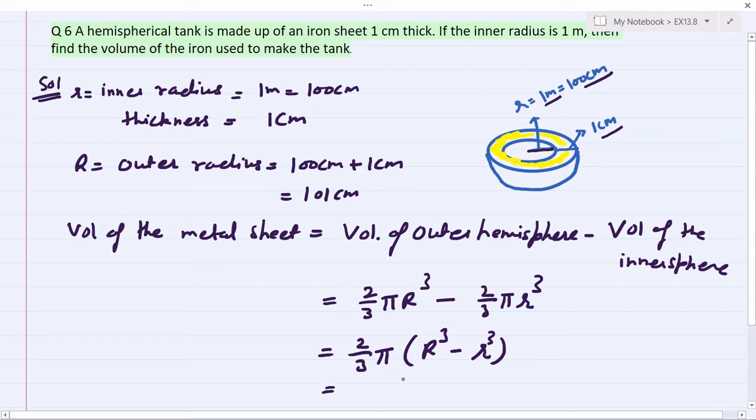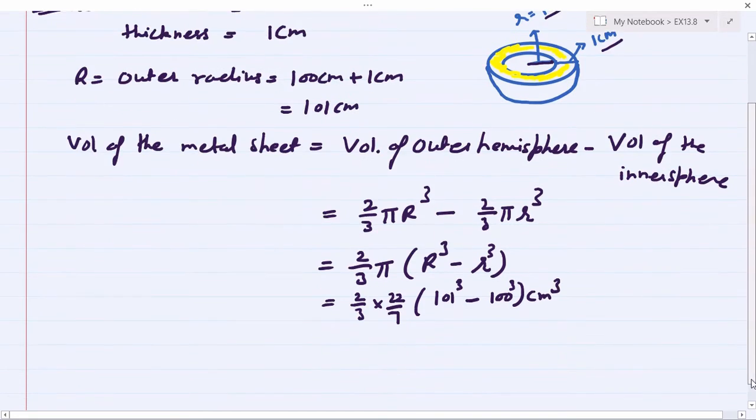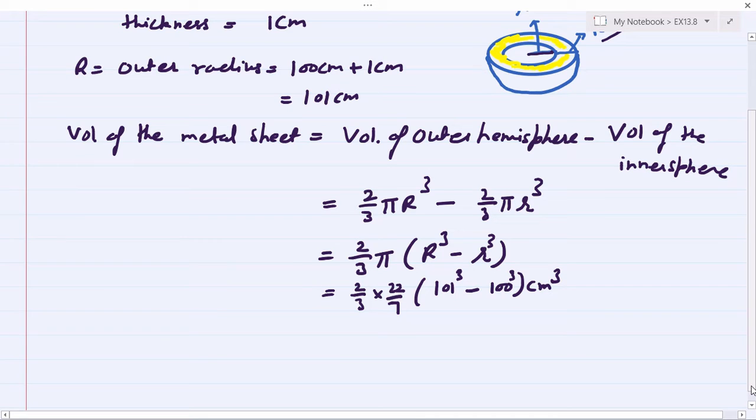Now put the values. 2 by 3 pi is 22 upon 7, and my capital R is 101 cube minus small r is 100 centimeter, cube, right? Now you have to multiply them, and then you will get the volume of the metal sheet which is to be used here to make this hollow hemispherical ball, right?